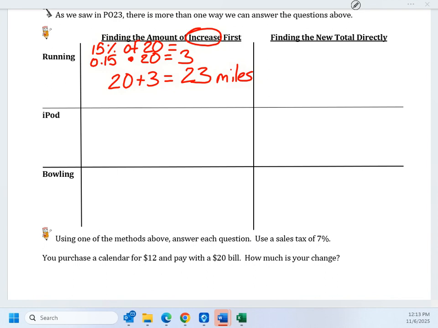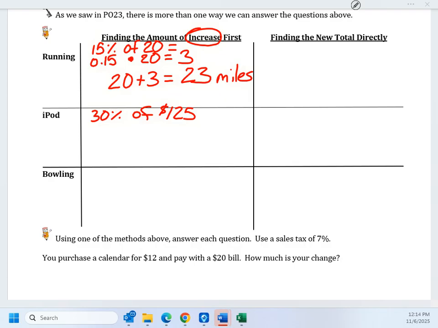Let's look at the iPod, doing the same method. So our iPod costs $125 and we want to resell it with a 30% markup. So I need to first find out what is 30% of that $125. So in my calculator, what would I put in?